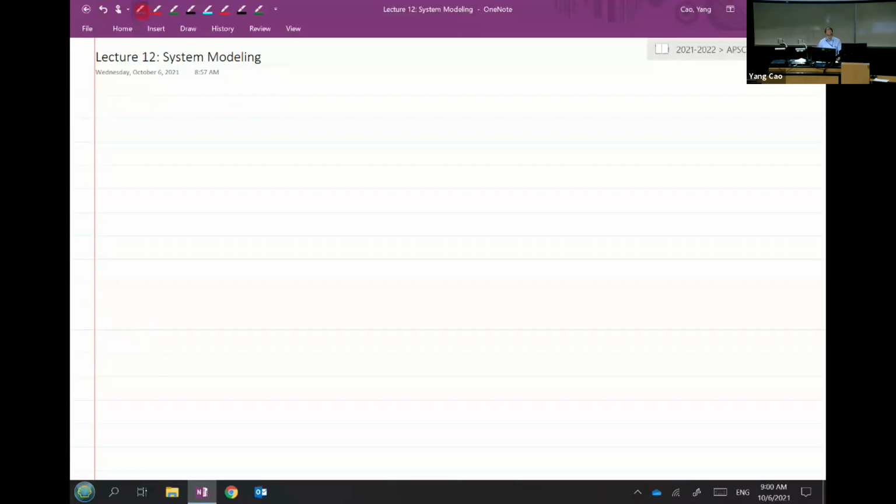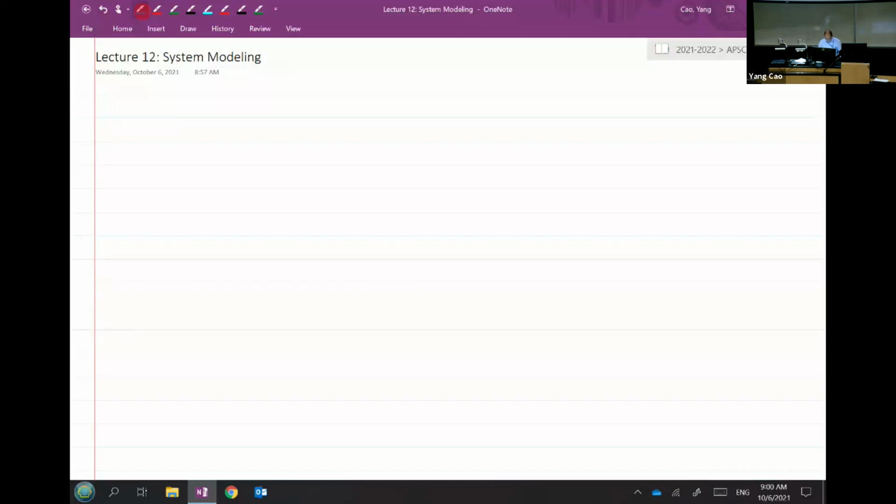Any kind of equation, as simple as a linear equation, or as complicated as a nonlinear equation, or in our case for this class, as you will see, we mostly will derive a set of linear differential equations, right? So the idea is to get something that we can use mathematically to obtain the system dynamics or characteristics.